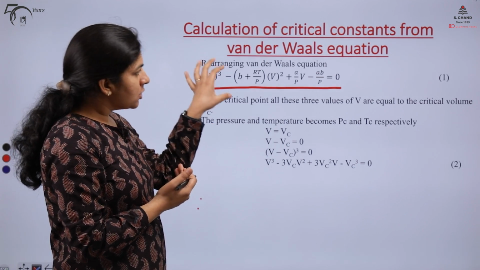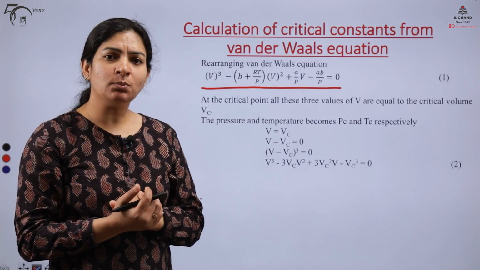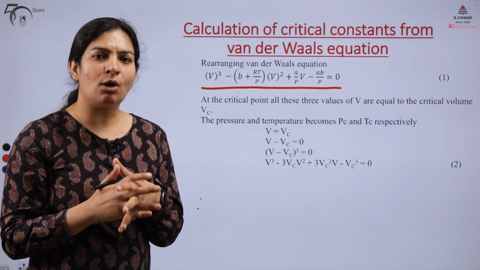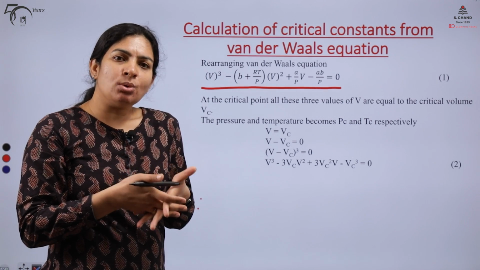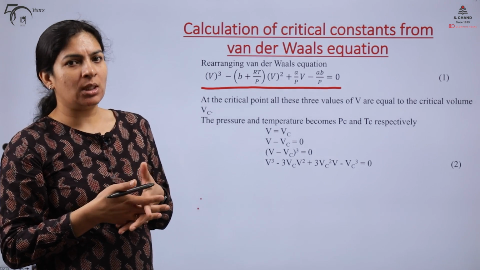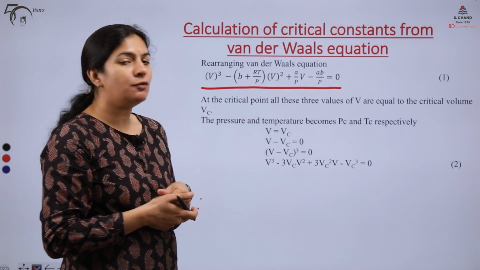Therefore, if we solve the van der Waals equation, we would be getting 3 values of volume. Those 3 values of volume can be all real, or 2 can be real and 1 imaginary, or 1 can be real and 2 imaginary.